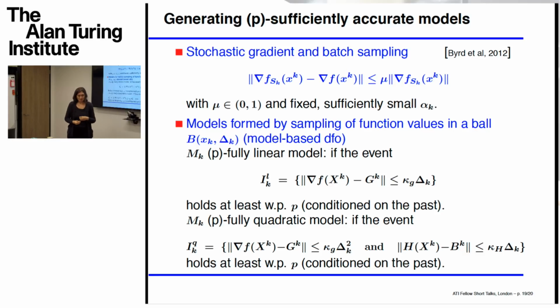We can actually show that if you have a batch sampling or stochastic gradient framework, the local models resulting from those frameworks fit into our approach. They do give you a local model that's good with a certain probability. So our methods do apply to those methods as well.